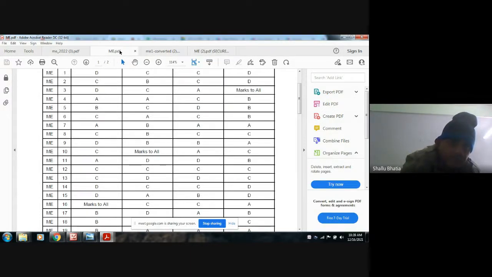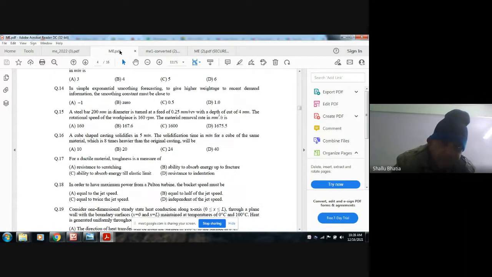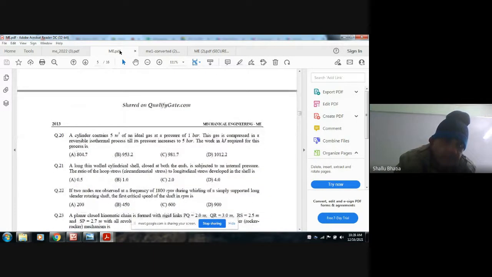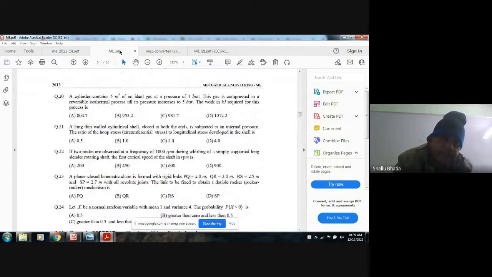Next is question number 21. A thin-walled, slender shell closed at both the ends is subjected to an internal pressure.